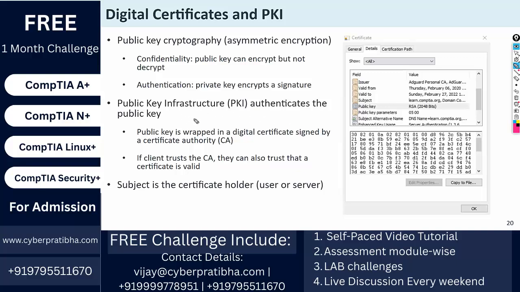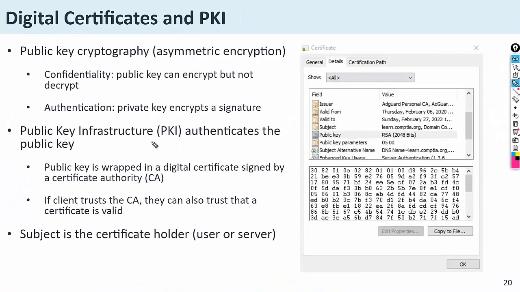The complete infrastructure is known as public key infrastructure. The public key is wrapped in the digital certificate signed by the CA. What is the CA? CA is the certificate authority. Every certificate must be authorized by the CA.